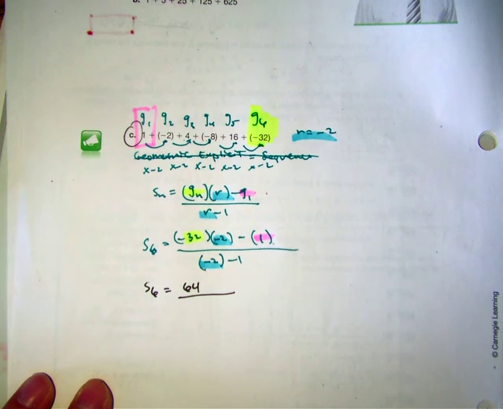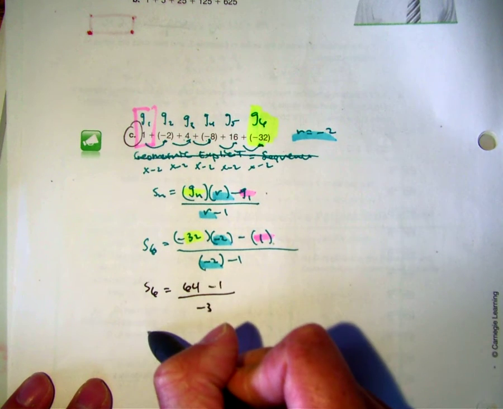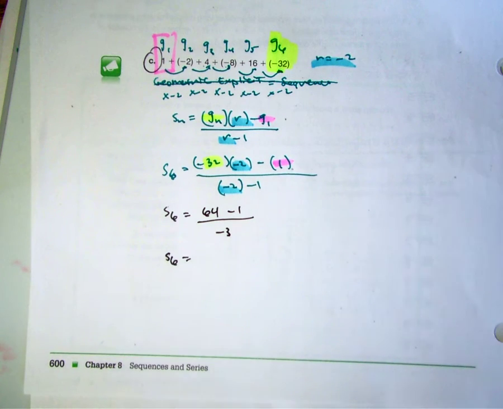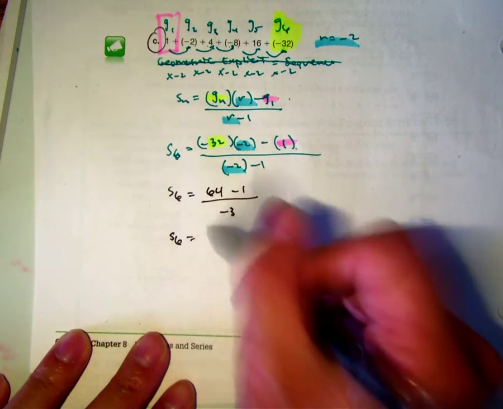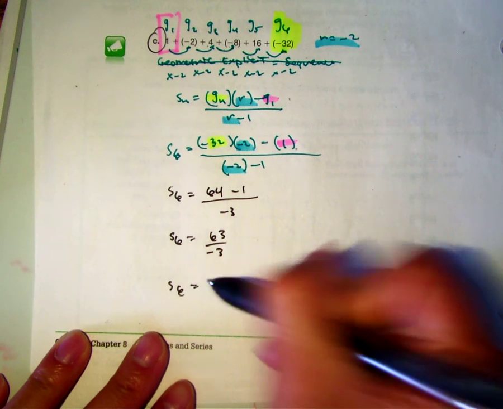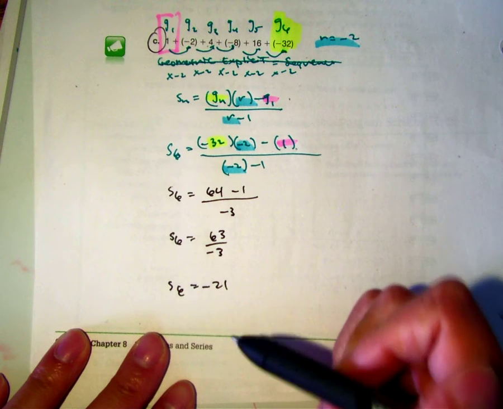So you can put that in your calculator, -3 minus 1. Brittany, go ahead and simplify that. And when you divide, what do you get? Raise your hand if you got -21.